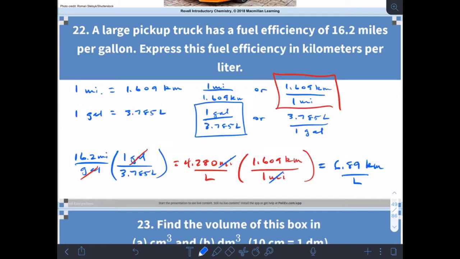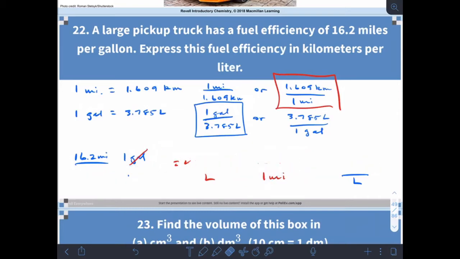Now I'm going to erase this bottom line and show you how you can do it all in one equation, if you're comfortable with that. I can write this entire thing like this: 16.2 miles per gallon is our given information.